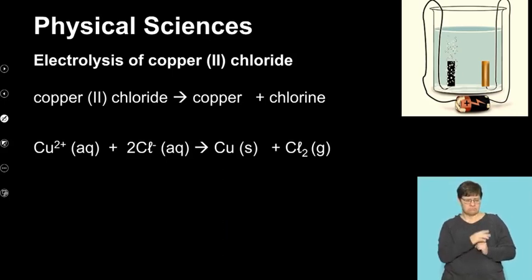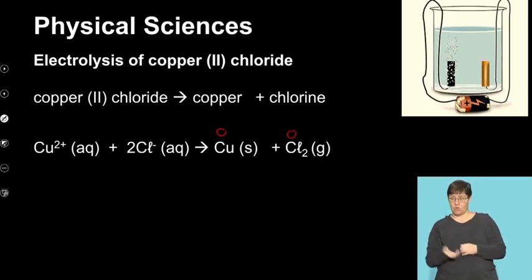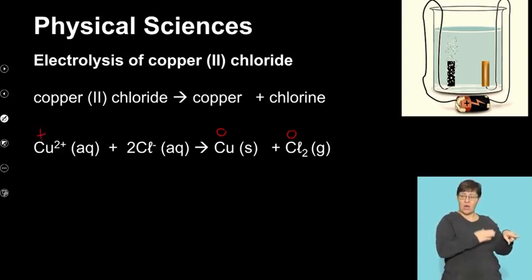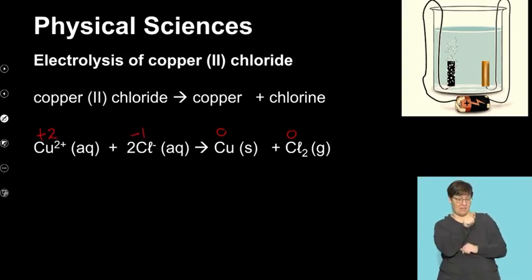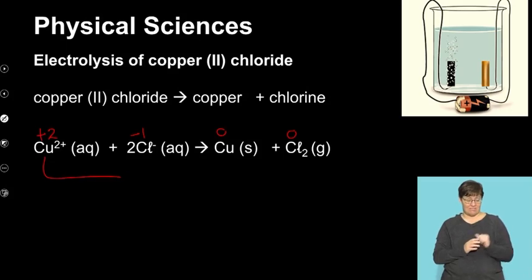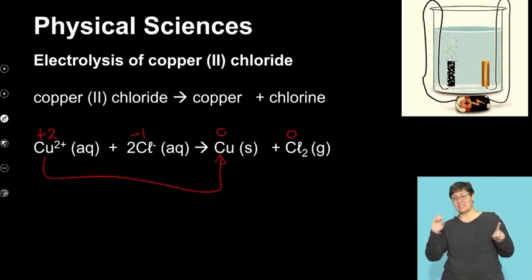Recognize that in this reaction, the elements are always given an oxidation number of 0, and the ions are given the oxidation number according to their charge. So look what's happened. We've got copper at 2+, copper to 0. So to go in that direction, what's happened?